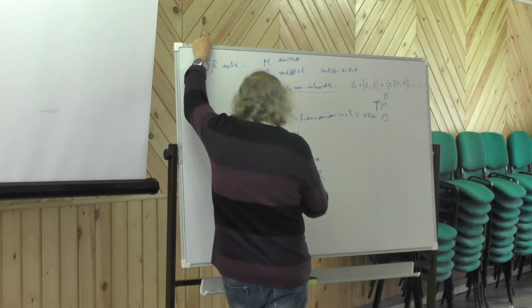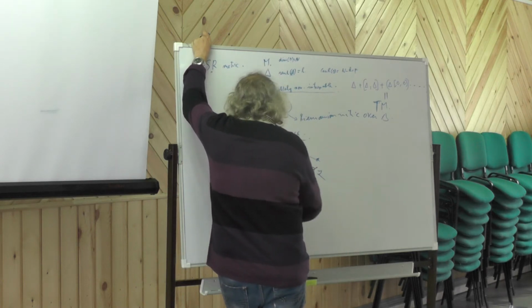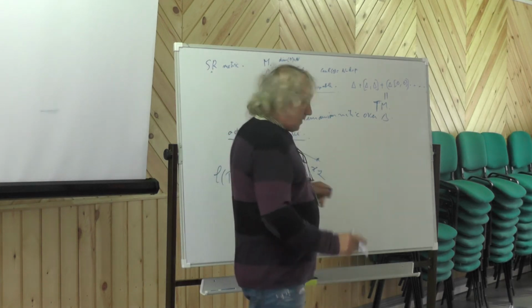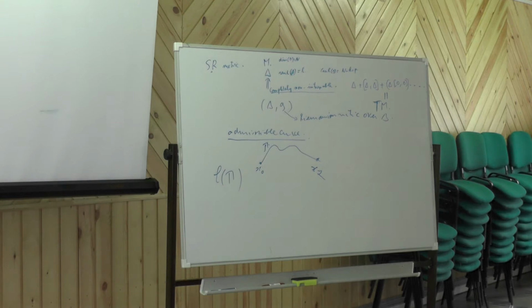Then you have the length of this admissible curve, and the distance from x0 to x1 is the minimum of the length over all possible admissible curves connecting x0 to x1.